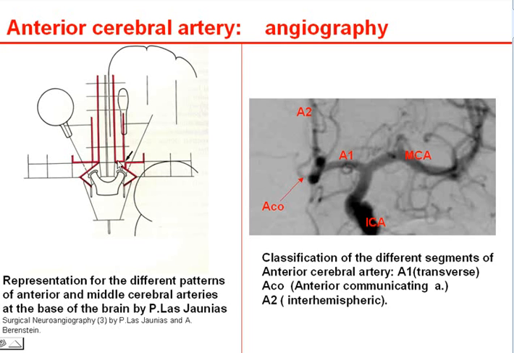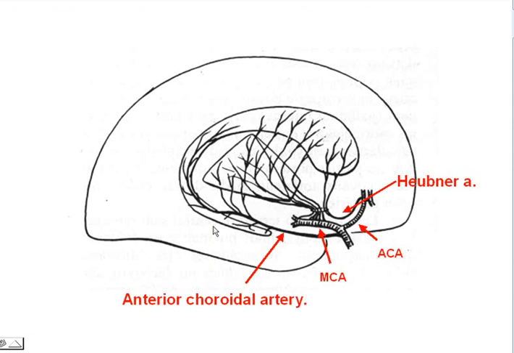The recurrent artery of Heubner most commonly comes from the A2 segment or A1 segment. This is the recurrent artery of Heubner, and it vascularizes the most anterior inferior portion of the head of the caudate nucleus. It also vascularizes some portion of the globus pallidus or internal capsule.